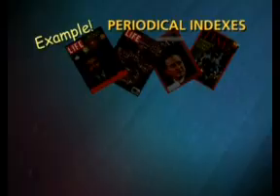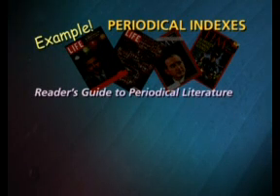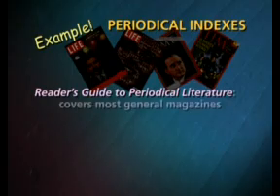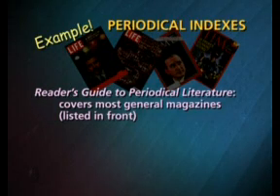And as usual, your reference librarian is the best asset to locating the indexes that are most helpful for a particular topic. One periodical index that you may already be familiar with is the Reader's Guide to Periodical Literature. This is often used by high school students in particular because it covers general magazines, all of which are listed in the front of the index.